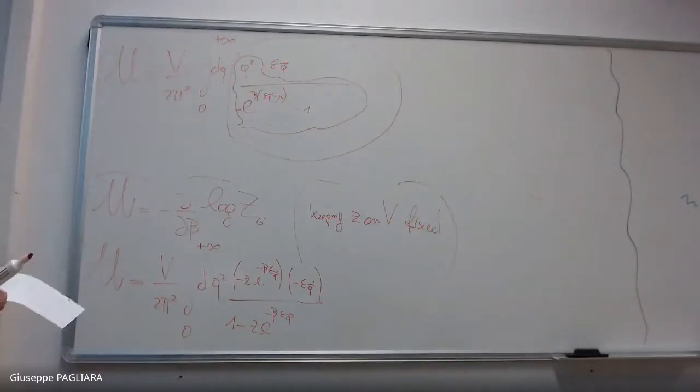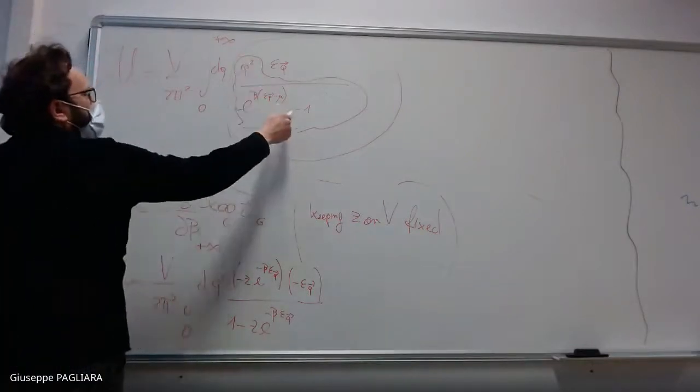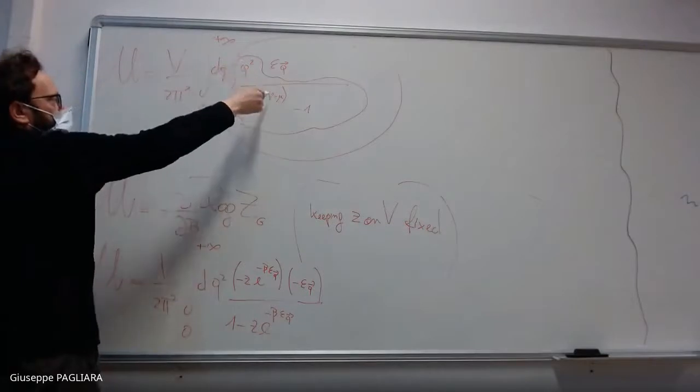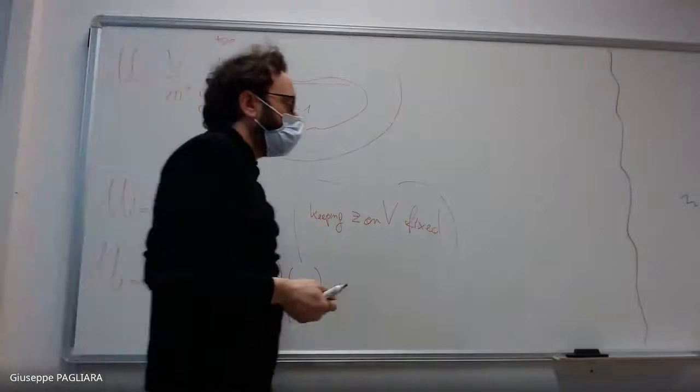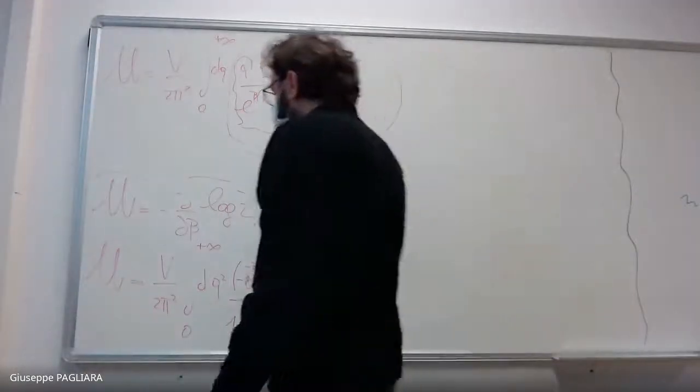Okay. So I take the same distribution that I had for the number density, but I multiply by epsilon q, and it provides me the internal energy.